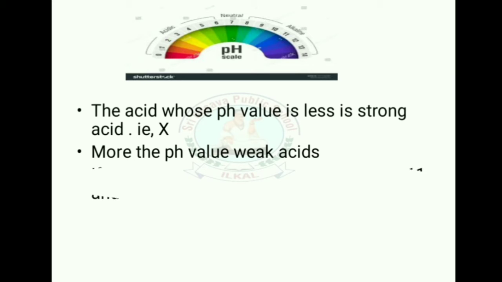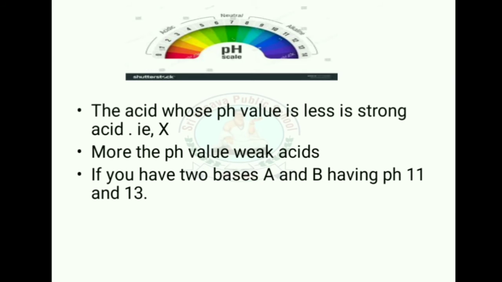Now if two bases A and B are given having a pH of 11 and 13 respectively, which base is strong and which base is weak? Yes, in this case, when the pH value increases, away from 7, that is a strong base.